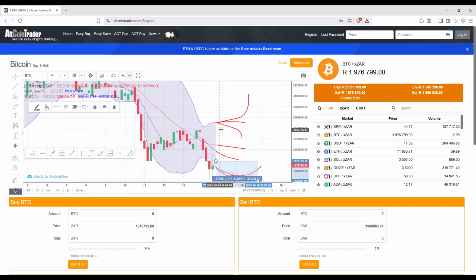But if it recovers, let's see what the percentage is now to get to the first moving average. We're at 0.8%. To the second moving average, which is the Bollinger Band's moving average, almost 1.5%. For it to get to the top of the Bollinger Band, we are looking at 3.62%.